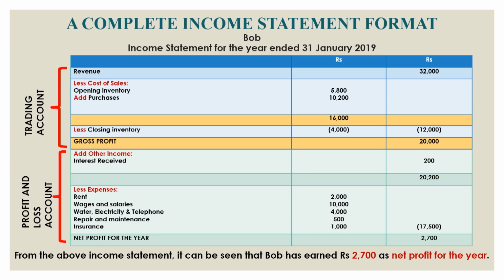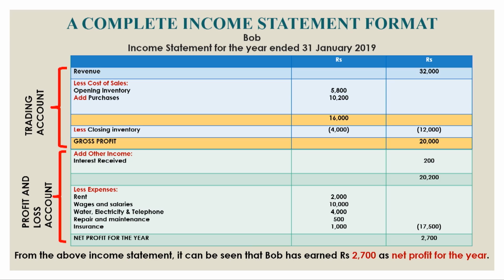Let us now take a look at a complete income statement for Bob's business for the year ending 31st January 2019. As you can see, the entrepreneur's name is written at the top, and just underneath it, we should write income statement for the year ending, followed by the year it is being prepared for.